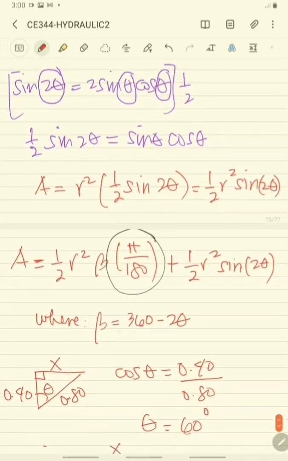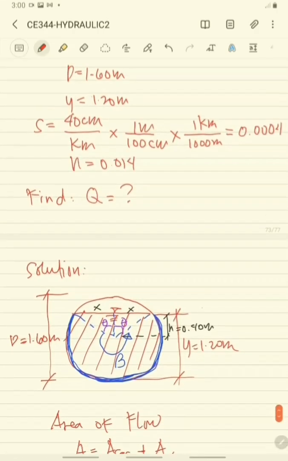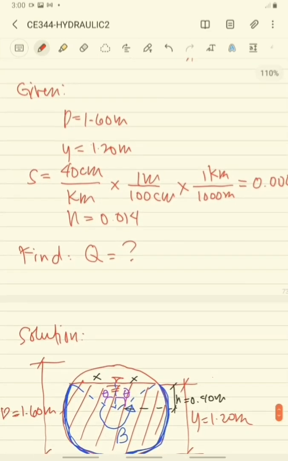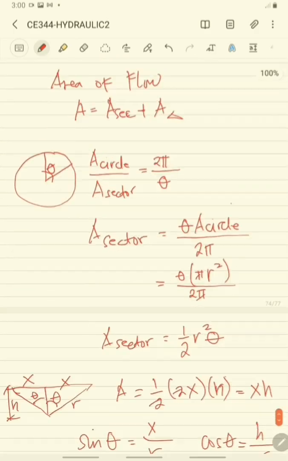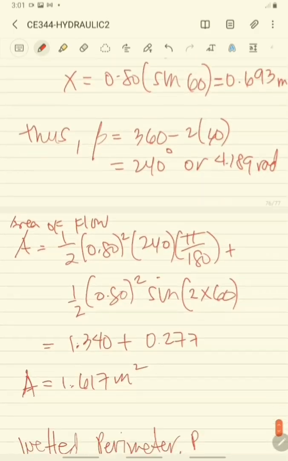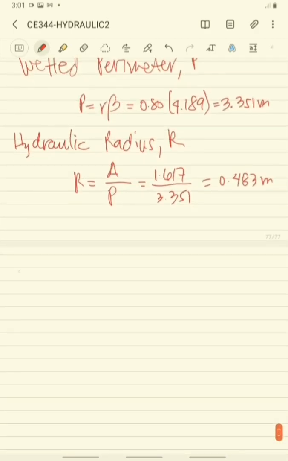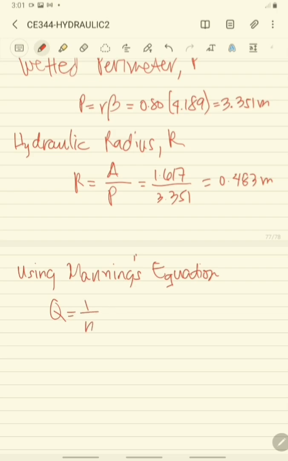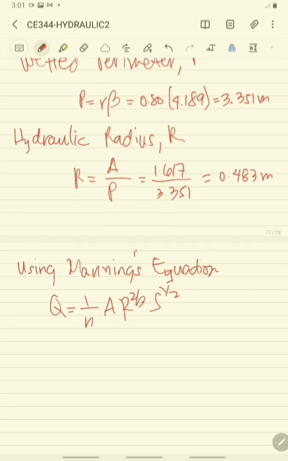Since in this problem we need to find Q, we use Manning's equation: Q is equal to 1 over n times area times R to the 2/3 times S to the 1/2.